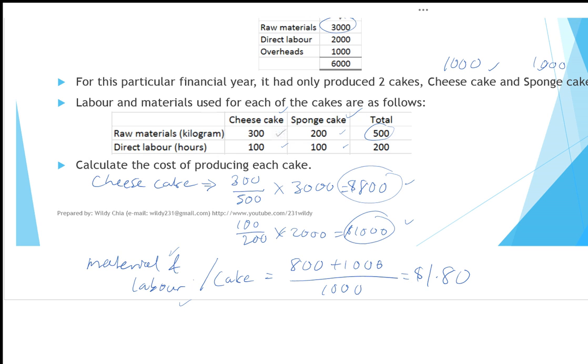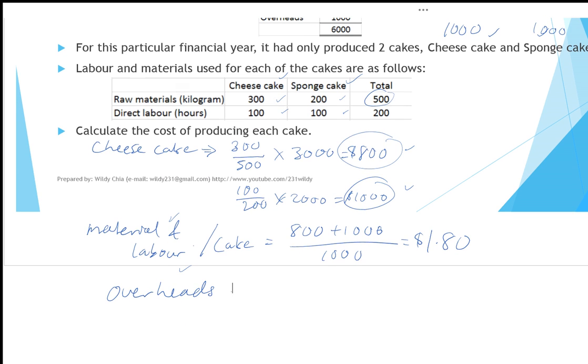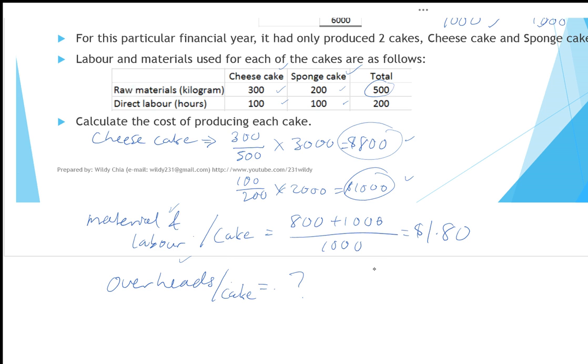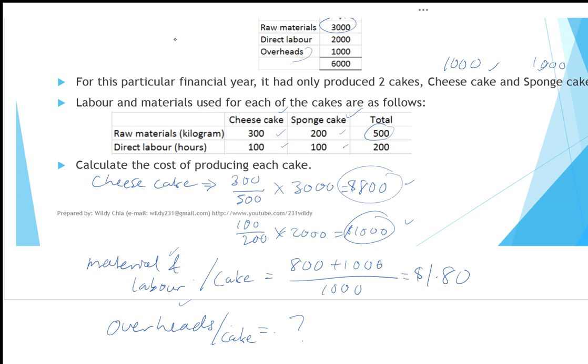Okay. Let's think about then what about the overheads? How do we know how much of the overheads should go to each cake? Now this is a tough topic to debate, because as I mentioned, the relationship between overheads and units of output is quite weak. We can't really see a clear relationship.